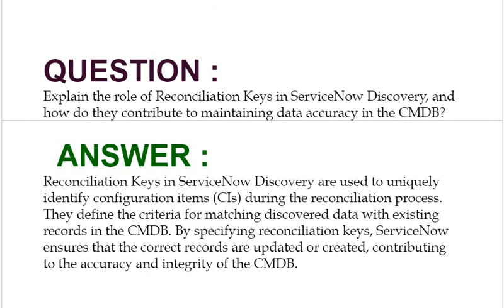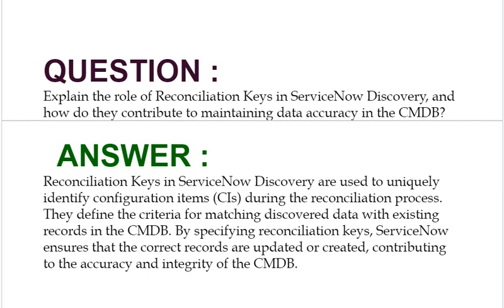Our next interview question based on ServiceNow Service Mapping and Discovery is: explain the role of reconciliation keys in ServiceNow Discovery and how do they contribute to maintaining data accuracy in the CMDB. Your answer should be: reconciliation keys in ServiceNow Discovery are used to uniquely identify configuration items (CIs) during the reconciliation process.